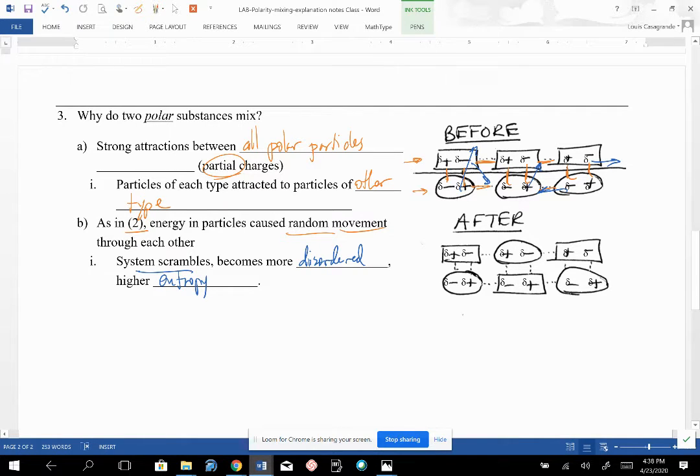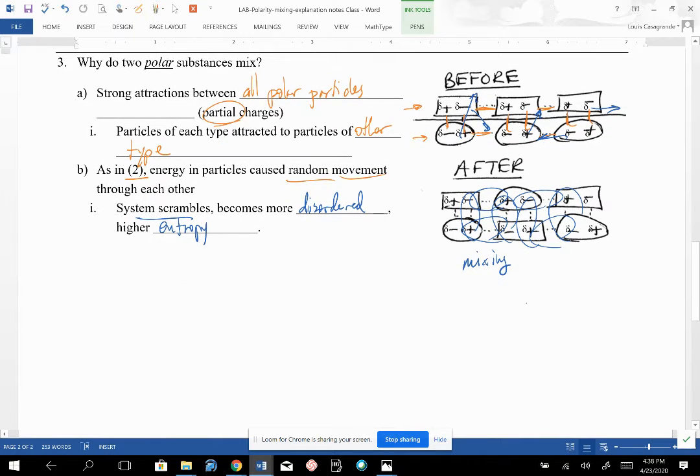And the mixing happens because we now have positive and negative charges attracting each other. All those positives and negatives attract each other. And these two particles are attracted to each other in such a way that mixing can happen.